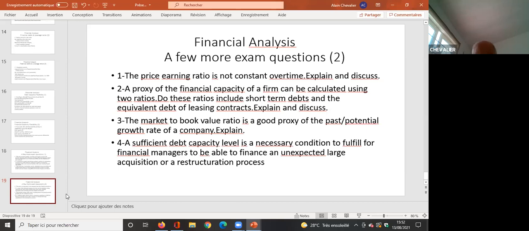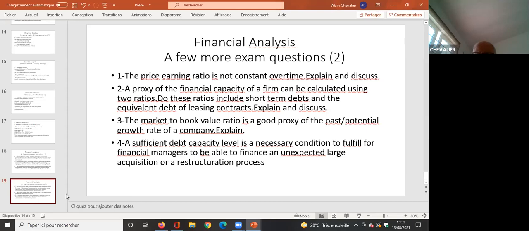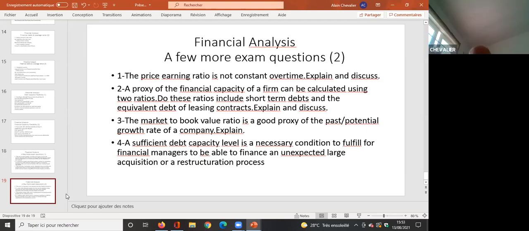The second question is: proxy of the financial capacity of the firm can be calculated using two ratios. Do these ratios include short-term debts and the equivalent debt of leasing contracts? We have spent time with that. You know that the most popular ratios today used to calculate debt capacity, the two ratios I went through, the two examples, don't include short-term debt.